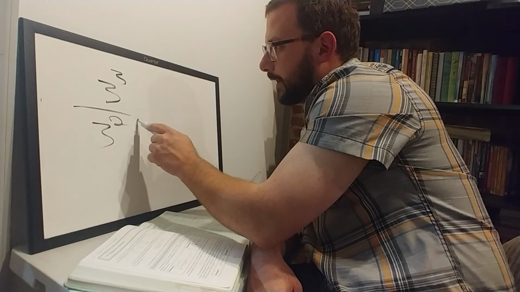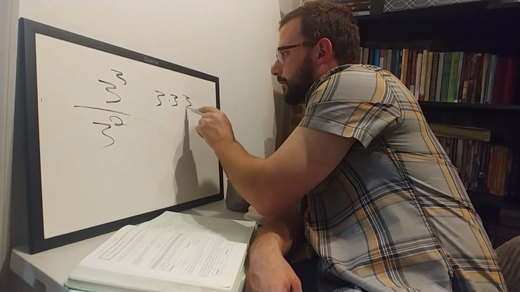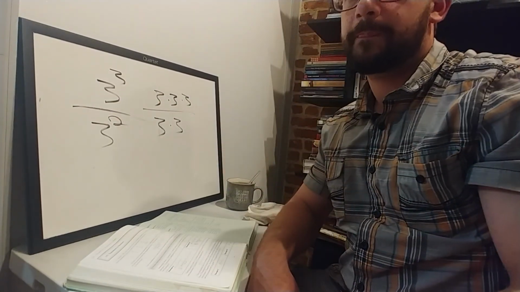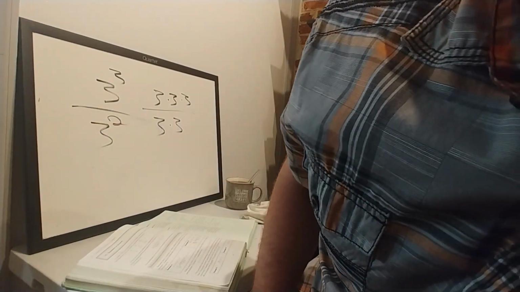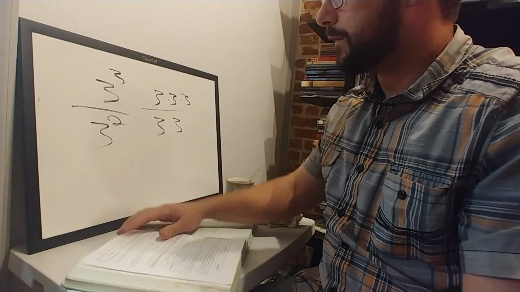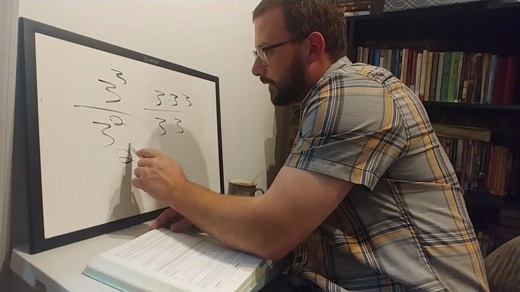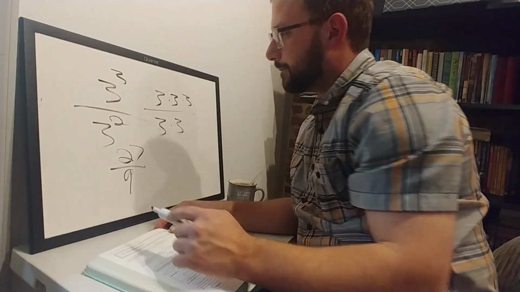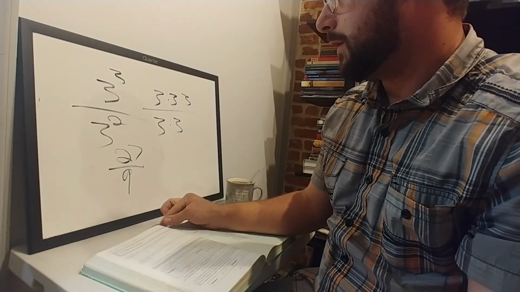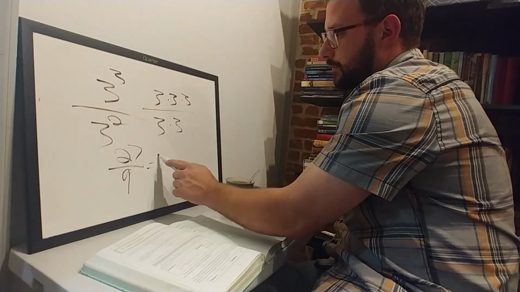If you expand that, what they call expanding it, it would be 3 times 3 times 3, 3 to the 3rd, divided by 3 times 3. So, if you actually figure it out to number form, it would be 27 over 9. Alright? 27 over 9 equals 3.